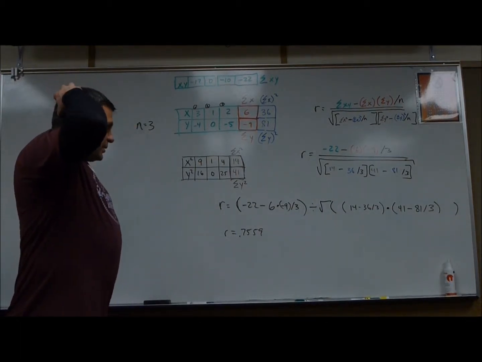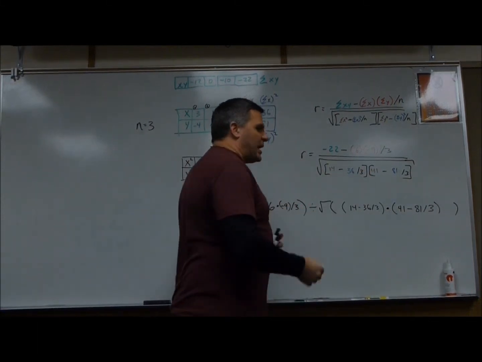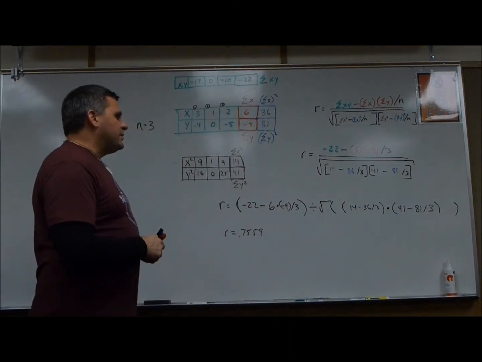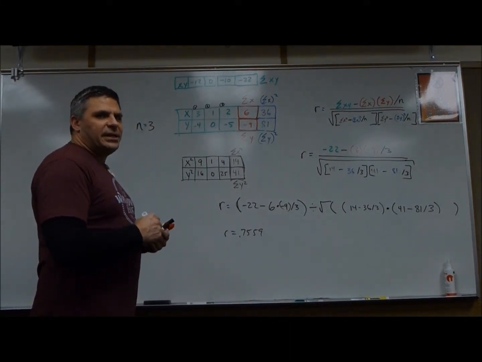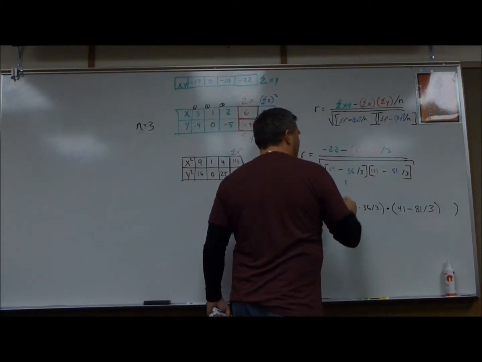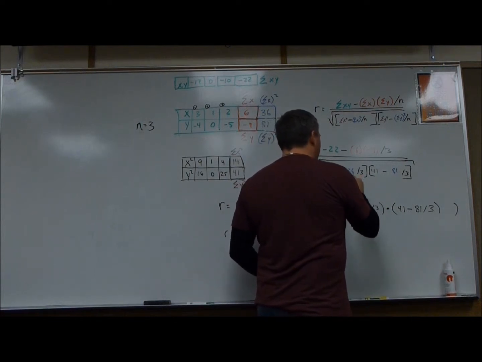Now remember, you could always do 36 divided by 3 and then subtract it from 14. What is 36 and the 3? So that's 12. So that would be 2.